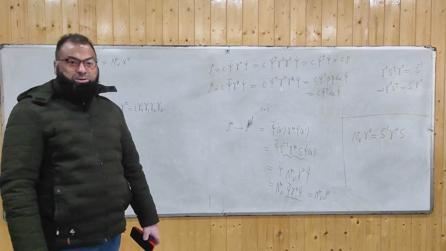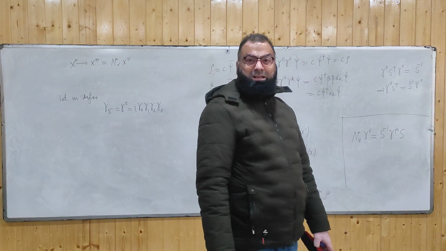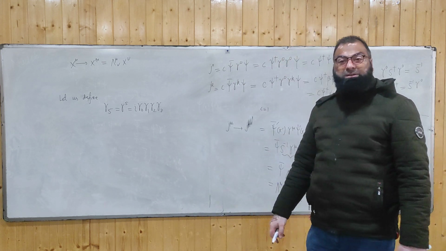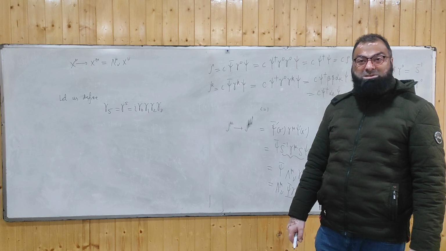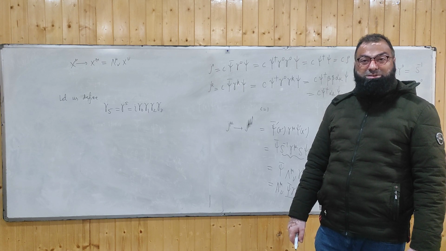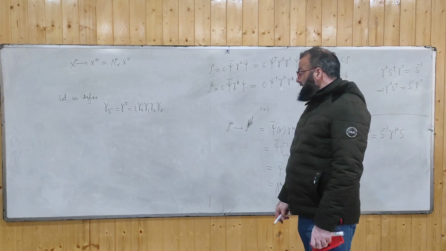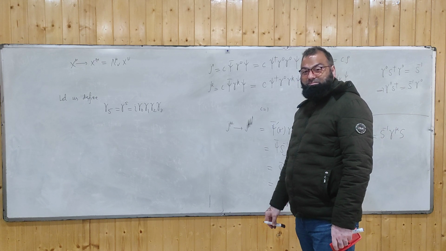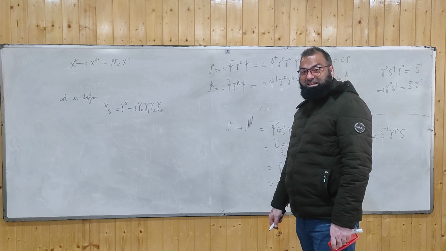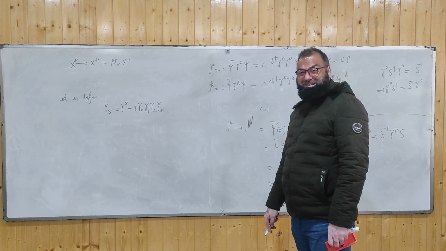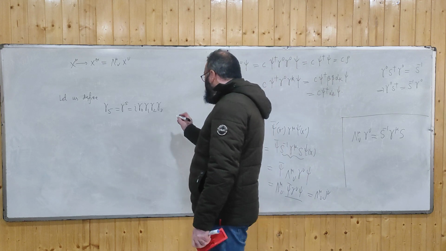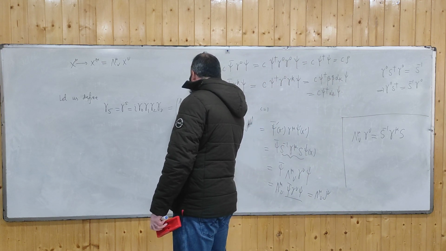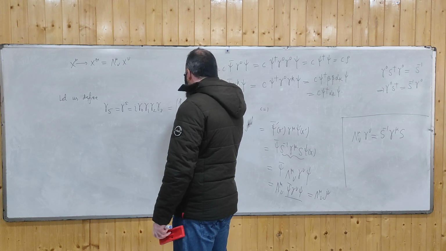So can anyone tell me what is the value of this gamma phi, if you multiply gamma 0, gamma 1, gamma 2, gamma 3? What would it be?